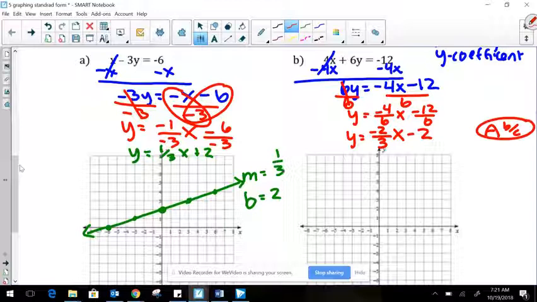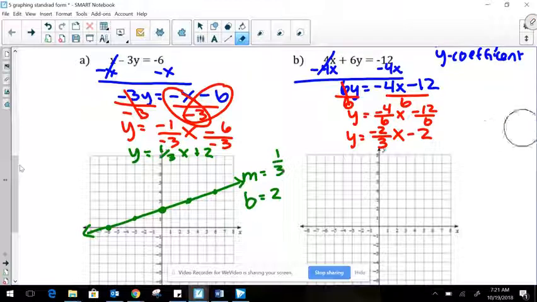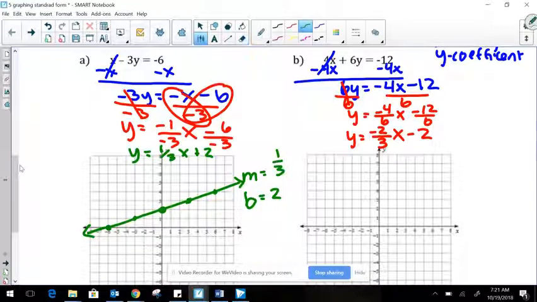Okay, so now let's graph. I'm going to erase that so we don't get confused. My y-intercept is negative 2. My slope is negative 2/3. So let's start at my negative 2. Rise over run, so I'm going down 2, right 3.